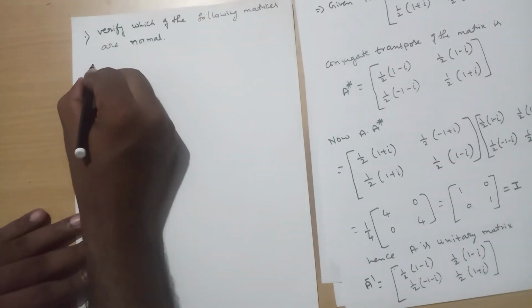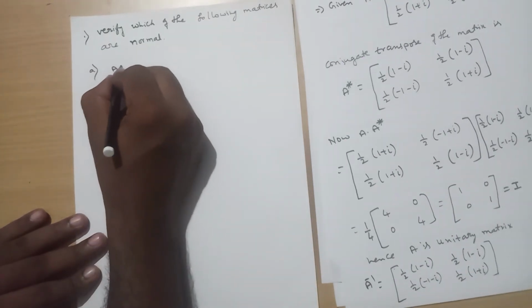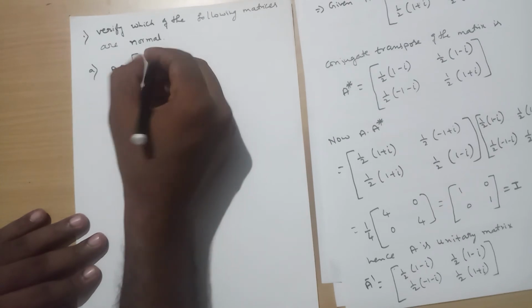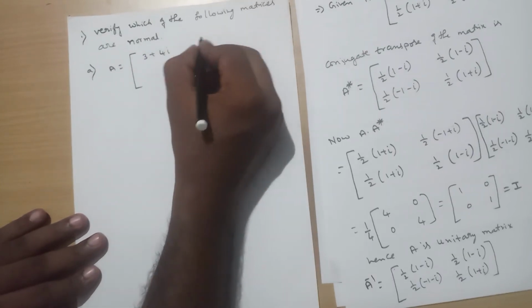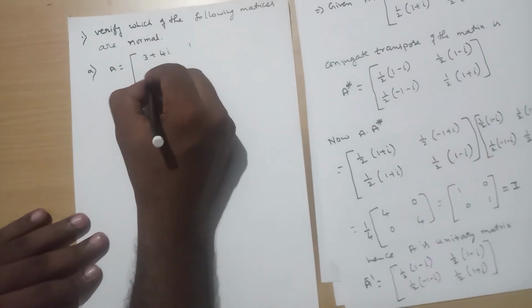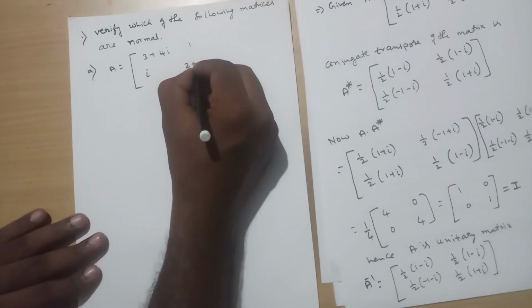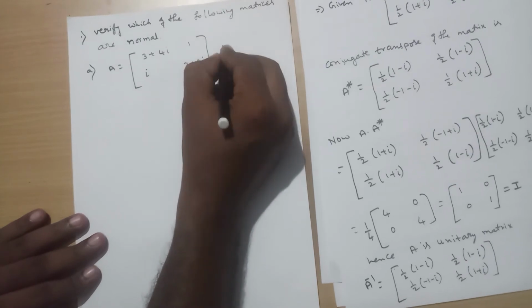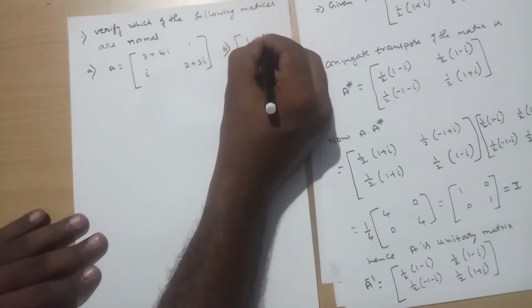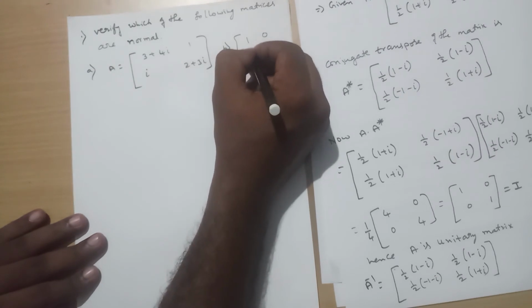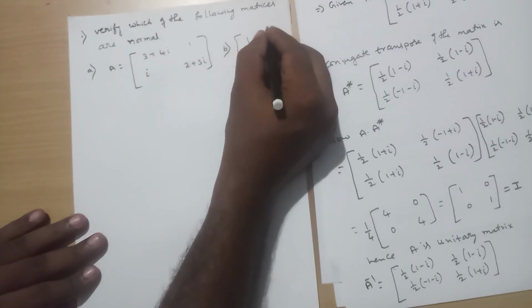So here A, first one: 3 plus 4i, 1, and here i, 2 plus 3i, and the second one is 1, 0, 1, minus i.